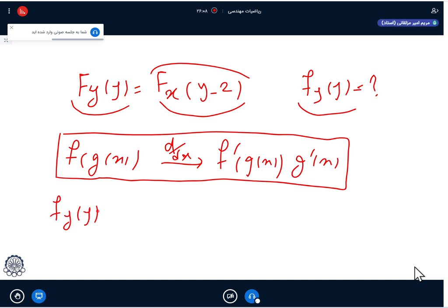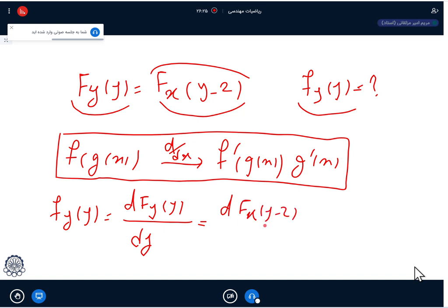So we know that the PDF of y is equal to the derivative of the CDF.